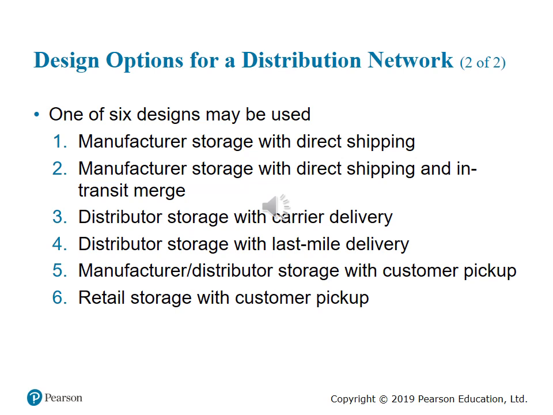We have distributors in between. For the final two, we have manufacturers in between, with customer pickup. So these are the 6 choices that will be discussed in detail in the next slides and in part 3 of this chapter.